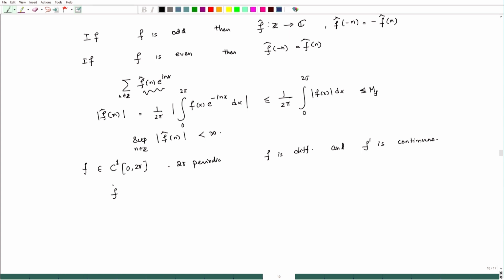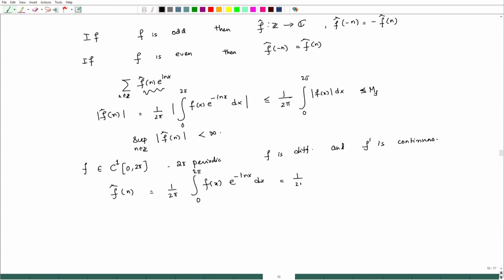So, for now f hat of n, if we compute, is the integral of f of x e to the power minus I n x dx. Now, because we are given the differentiability condition of f, we can apply integration by parts.